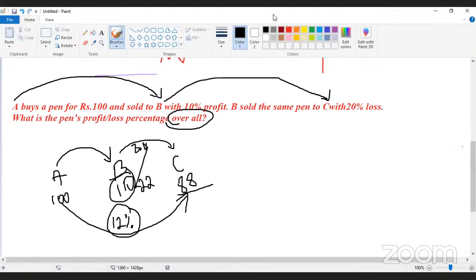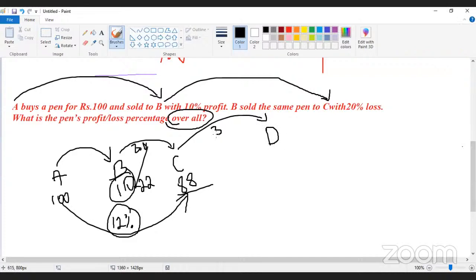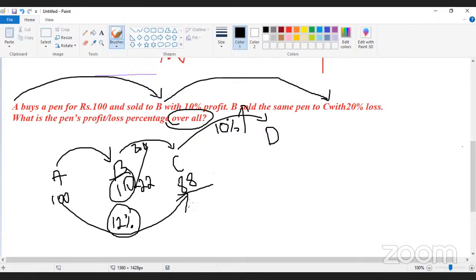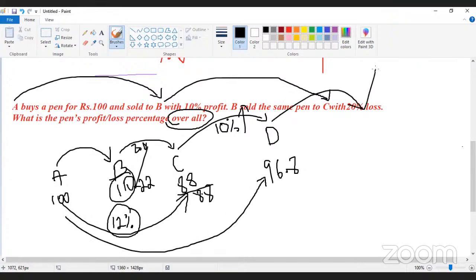If it goes from C to D with, let's say, 10% profit, he's selling for 8.8 more, so that is 96.8. So still from A to D, it's a loss. Like that it can keep continuing from A to B, B to C, C to D. Are you clear with the question?